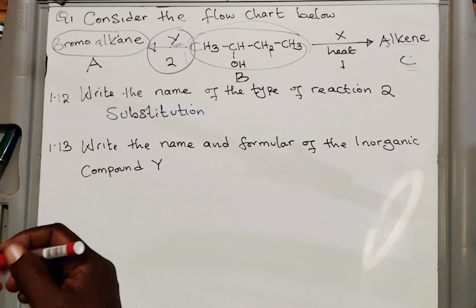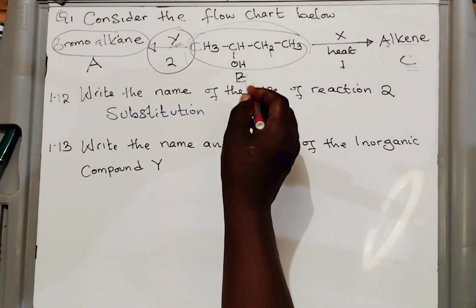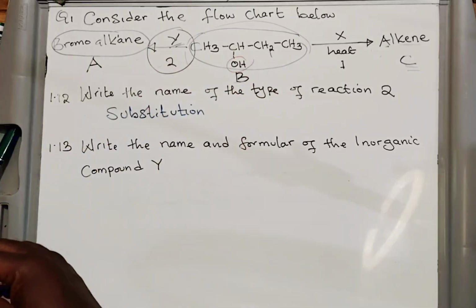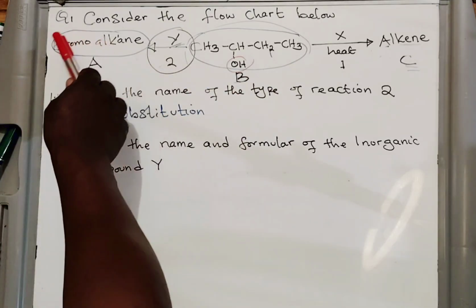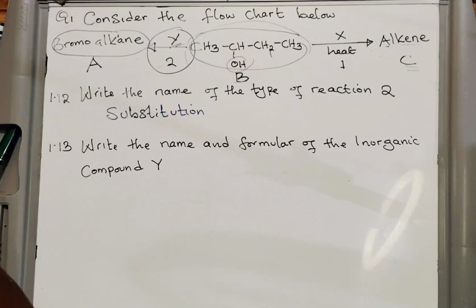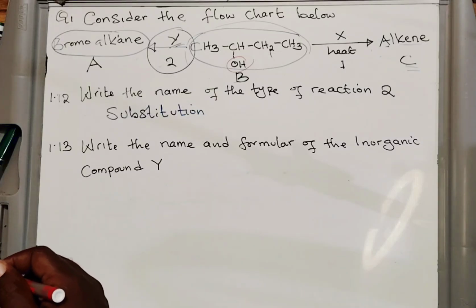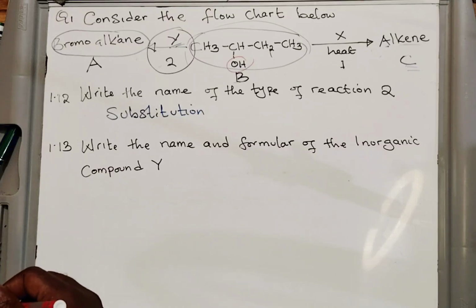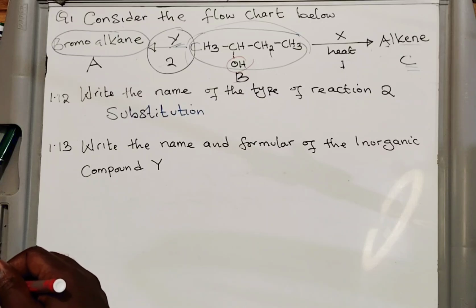You need to know what happens. We're having an alcohol with OH, and the conversion is an alkane with Br, and we said that the reaction is substitution. So the question is, what inorganic compound substitutes OH and brings in bromine?